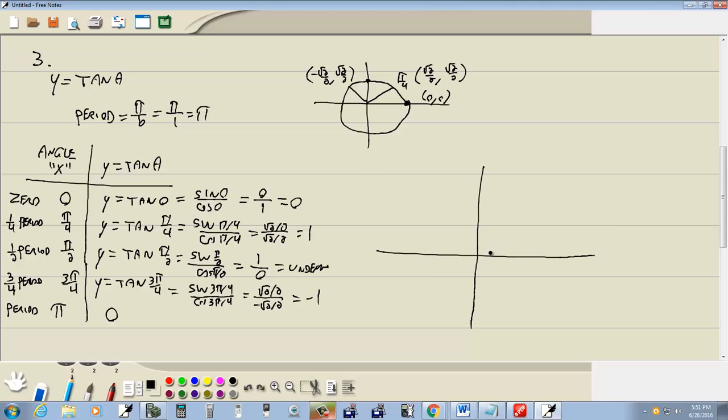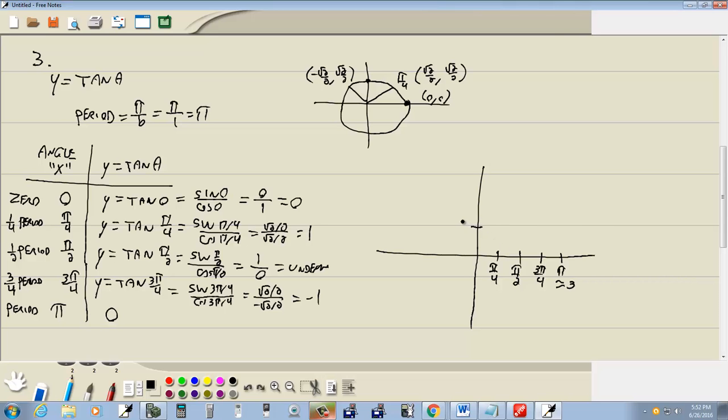Well, our x values go from 0 to pi. Now here's pi, and that's approximately 3. And then here's pi over 2, pi over 4, and 3 pi over 4. Now if that distance is 3, about a third of the way over would be 1.